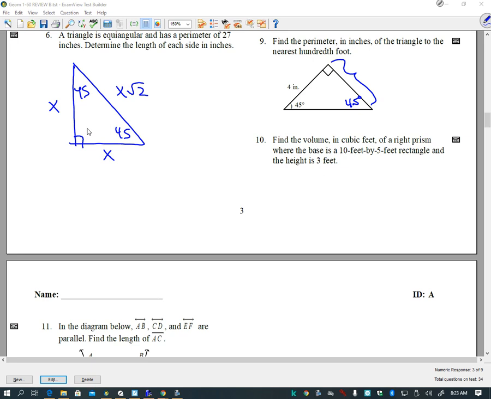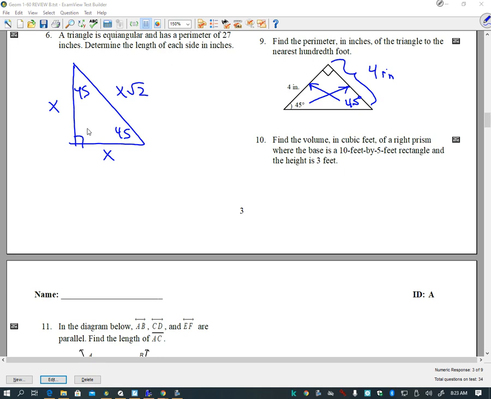So what we're seeing is that opposite this 45 is 4. So what is opposite that 45? 4. Because X is equal to 4. Does that make sense? Can we follow that?